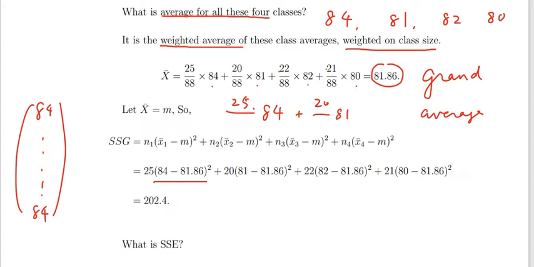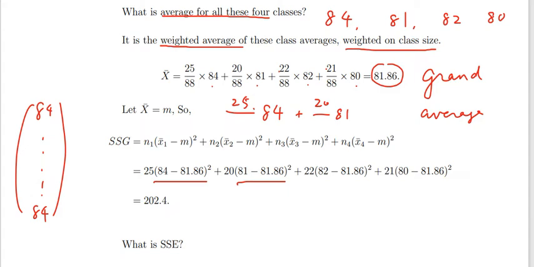And class 2 is 81 minus this, squared, so we have 20 of those numbers. Same way for class 3, 82 minus this, squared, multiplied by 22, and 80 minus this, squared, times 20.